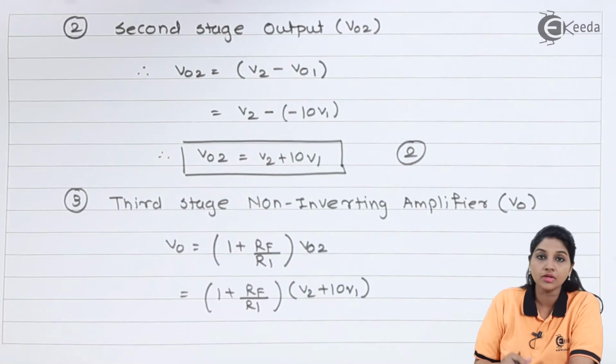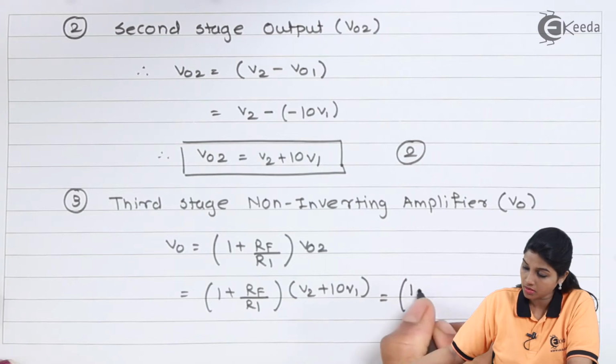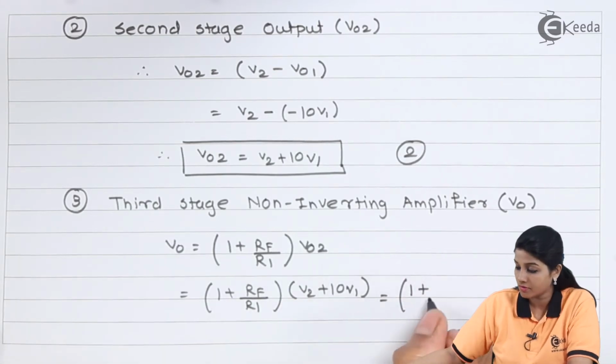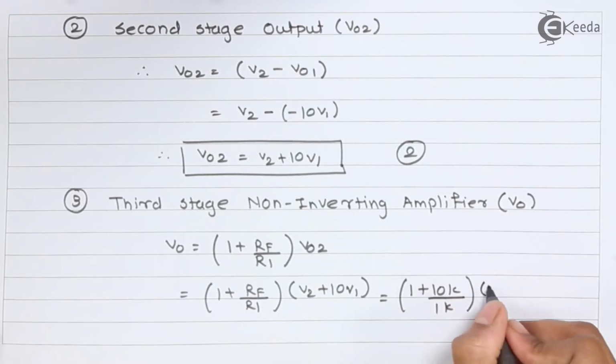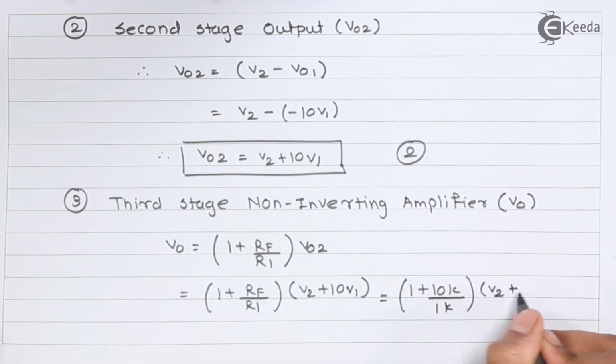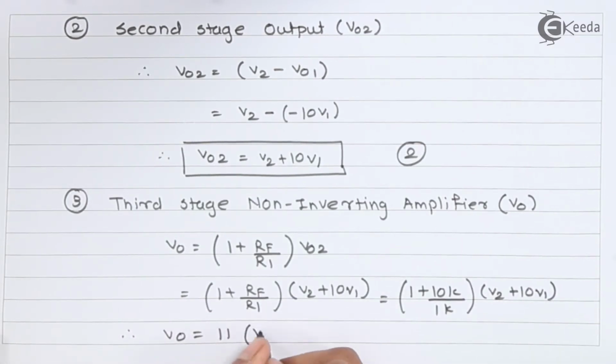So we will get output equation as 1 plus value of RF is 10K and R1 is 1K into V2 plus 10 V1. So we will get VO is equals to 11 V2 plus 10 V1.